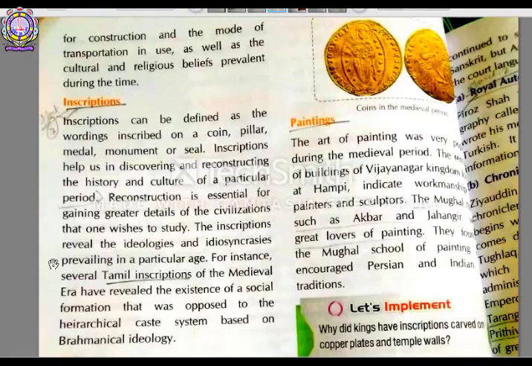For instance, several Tamil inscriptions of the medieval era have revealed the existence of a social formation that was opposed to the hierarchical caste systems based on Brahminical ideology. Means if you see Tamil inscriptions of a particular time, we can get the information in a proper way.